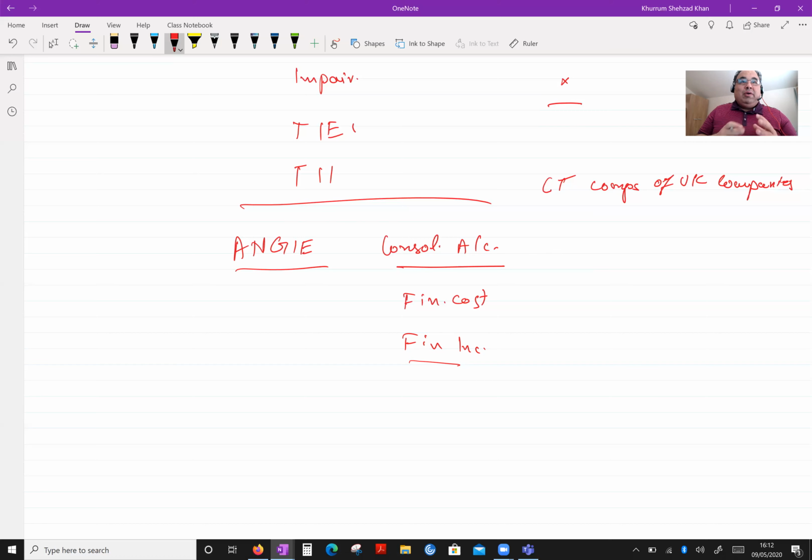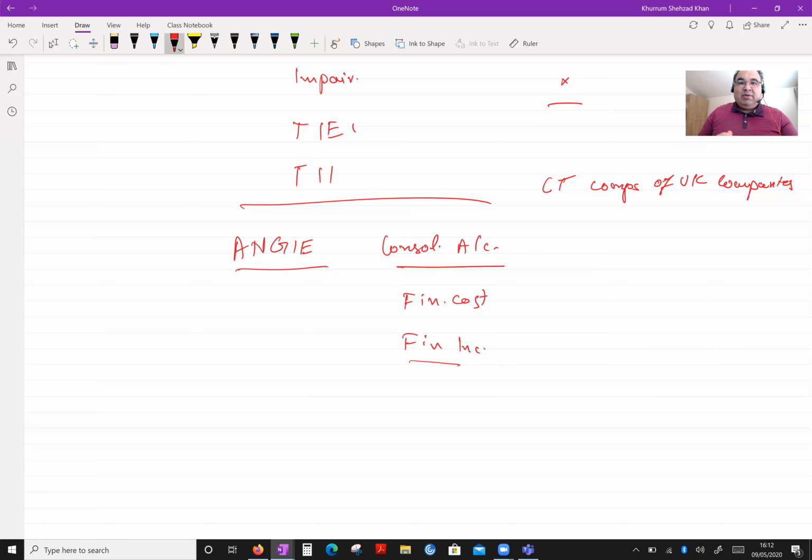So for the calculation of NG, you need to make some upward adjustments, for expenses which are not in the accounts but you need to take into account. And some expenses which are there, but you don't take into account, you need to make a downward adjustment. After doing those upward and downward adjustments, you get NG.